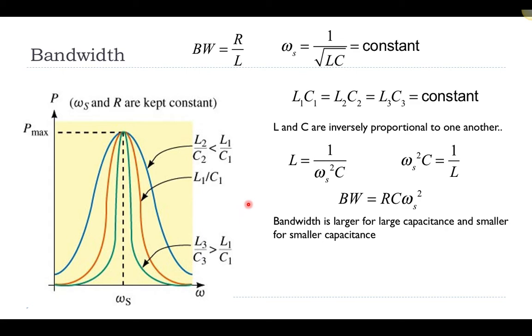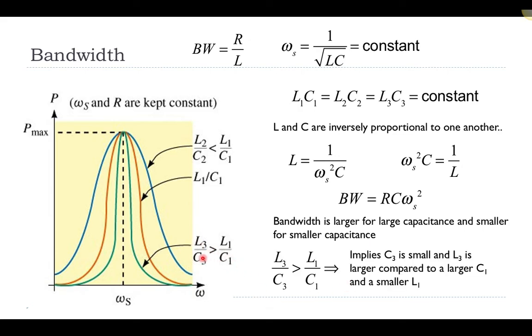So what we have to realize is that the capacitance and the inductance are inversely proportional to one another. So if I have a large capacitance, that means I have a small inductance, and vice versa. If I have a small capacitance, I must have a large inductance. So what does that mean in terms of these ratios?